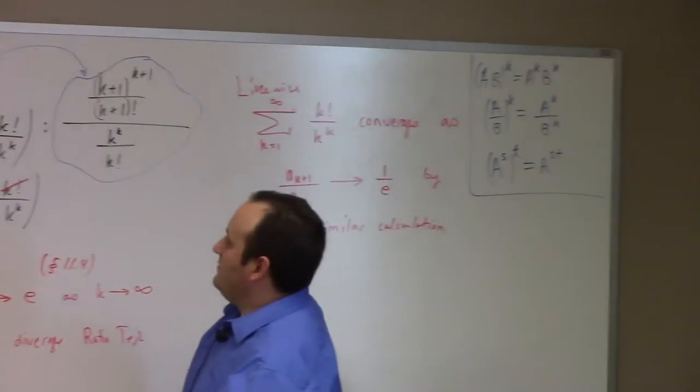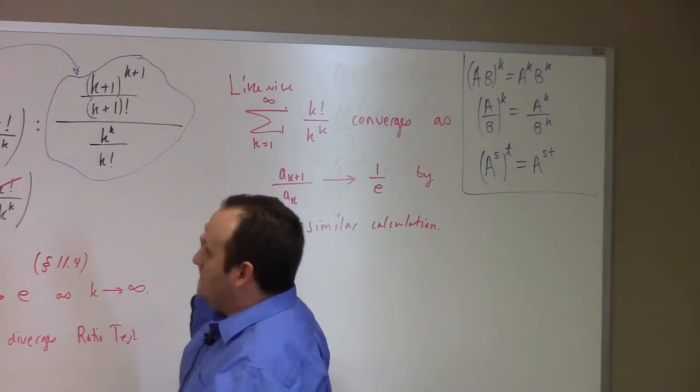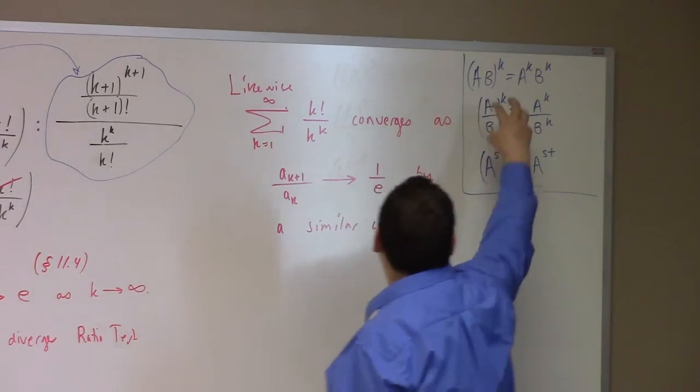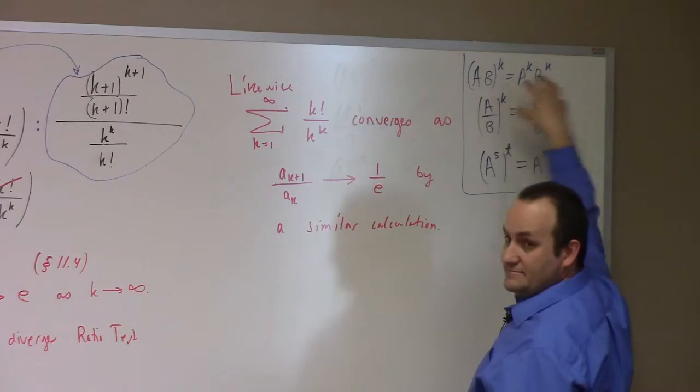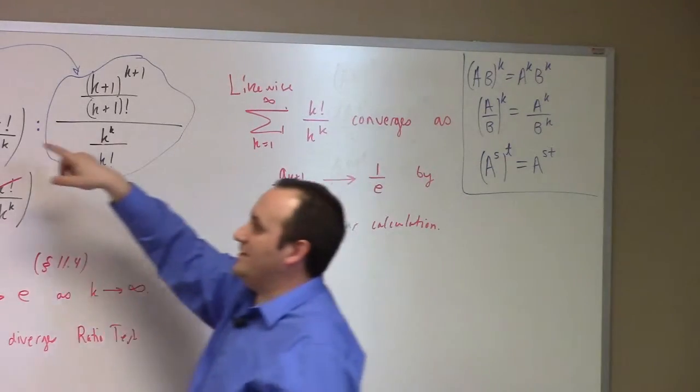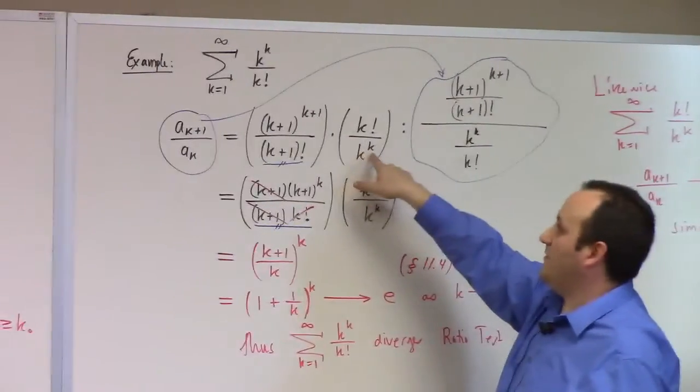So when I'm trying to simplify things like this, what I'm trying to do is get it to a uniform power so that I can combine. So this k plus 1 is not constructive because I've got a k power down here.